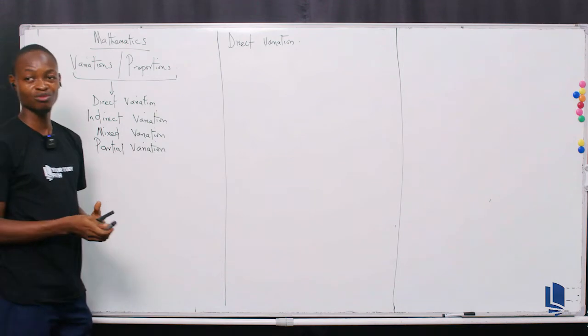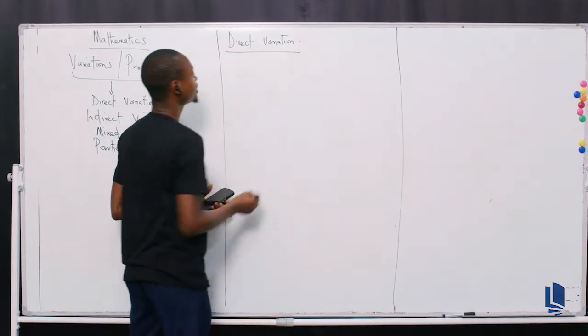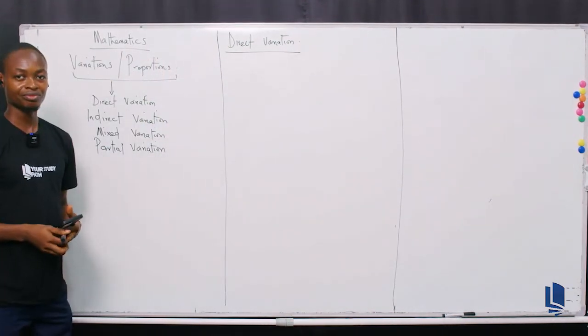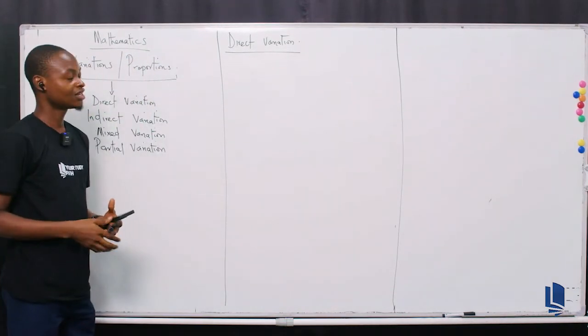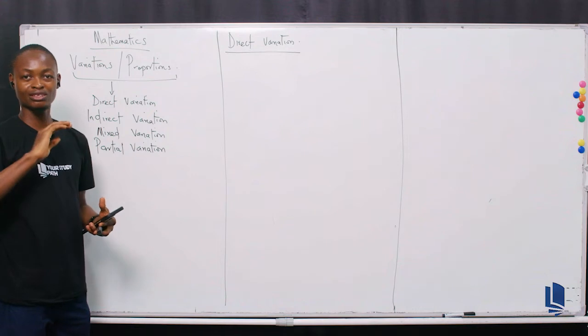So let's begin. We will start first and foremost, as we have mentioned, with direct variation. For direct variation, we are saying one major thing.